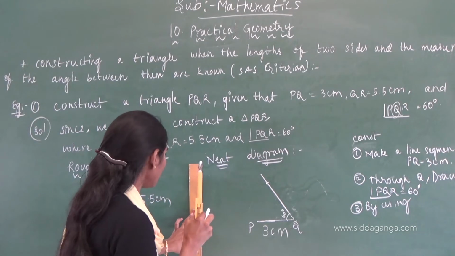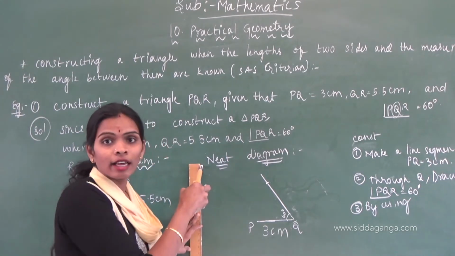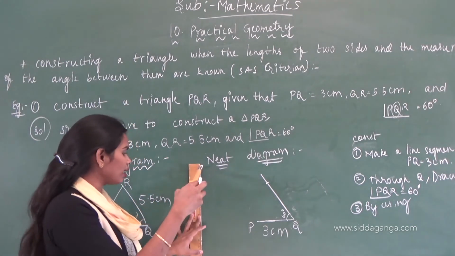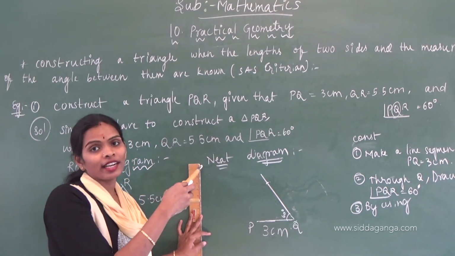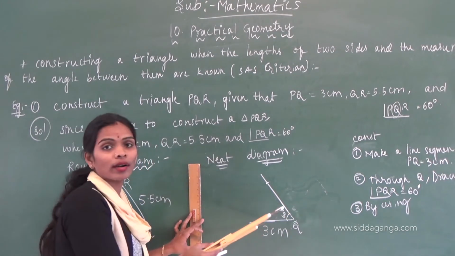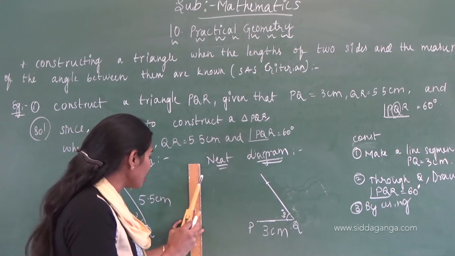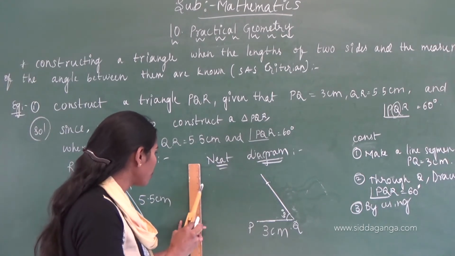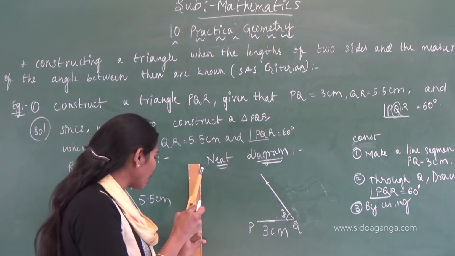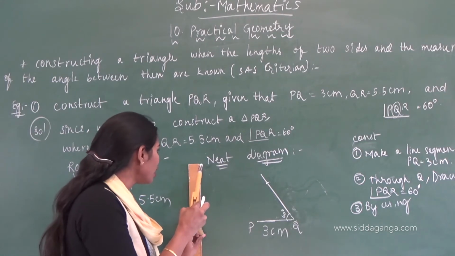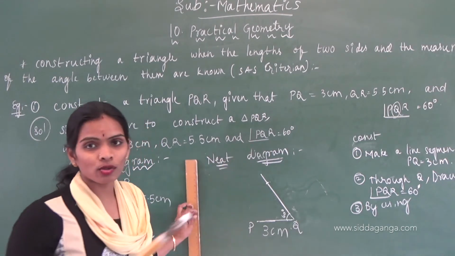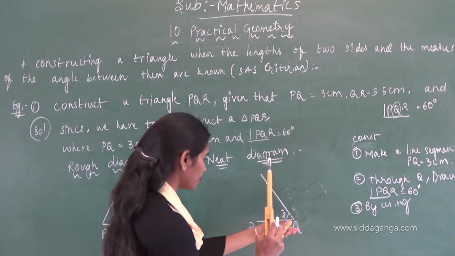See here children, I am taking 5.5 centimeters. Here I took a larger one, that's why I am taking a larger one here also, because you have to see it; that's why I am taking the double. For this only I am just experimenting.